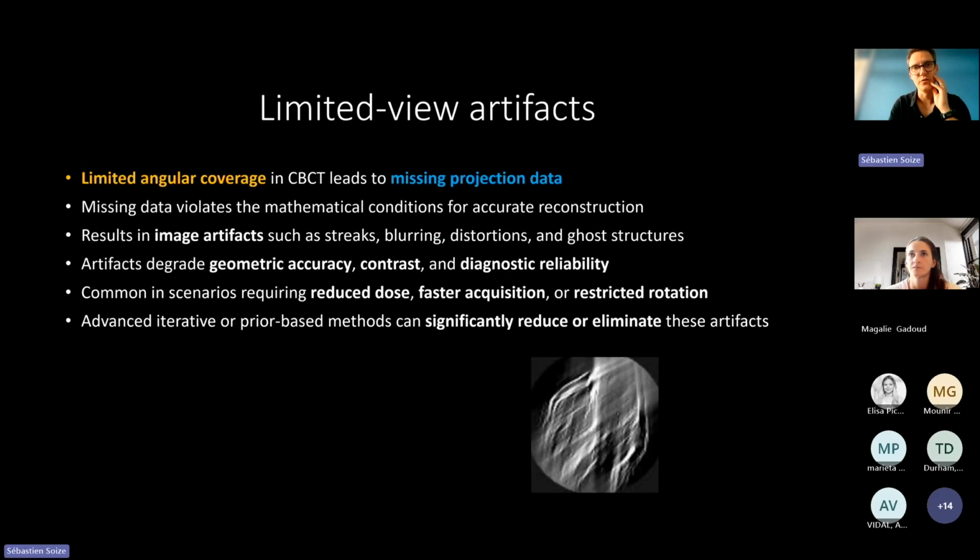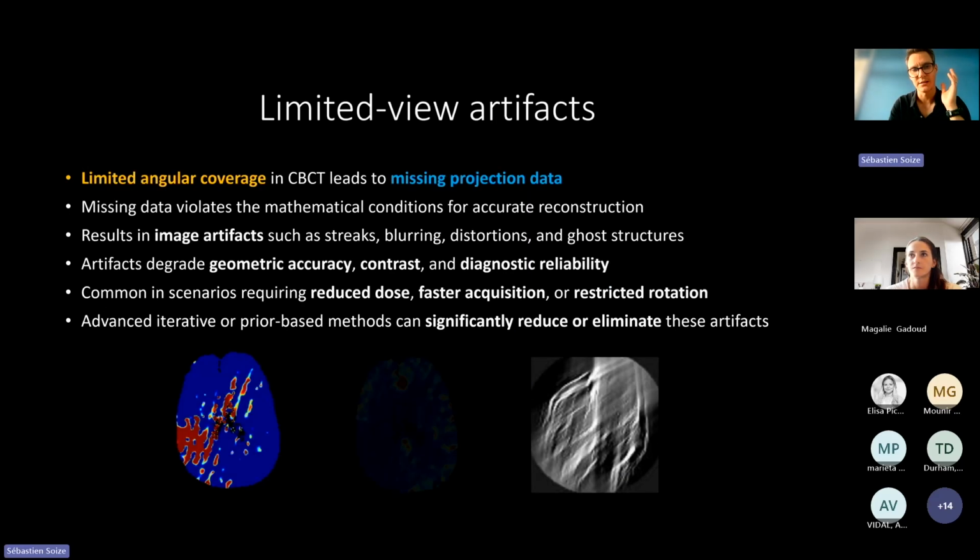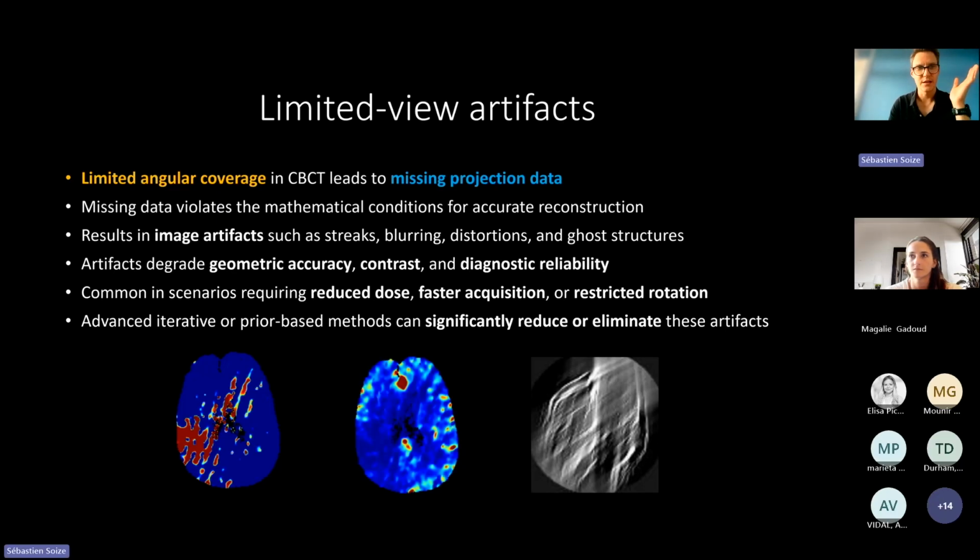This is the so-called limited view artifacts. We know that this is clearly a limitation sometimes of the CBCT due to a small angular coverage, meaning it will not be a problem with the same protocol in all patients.